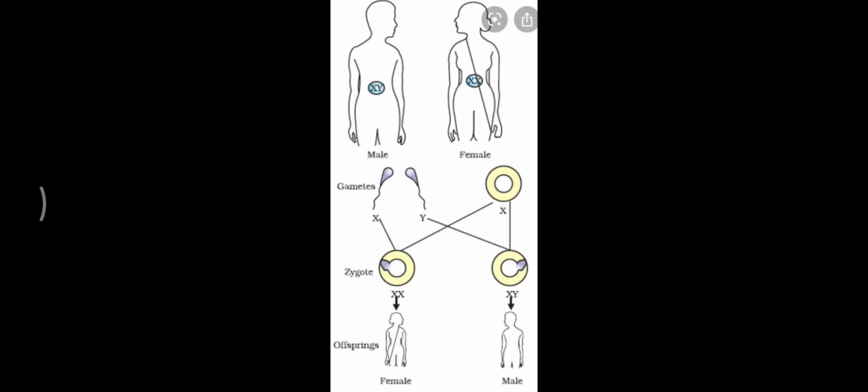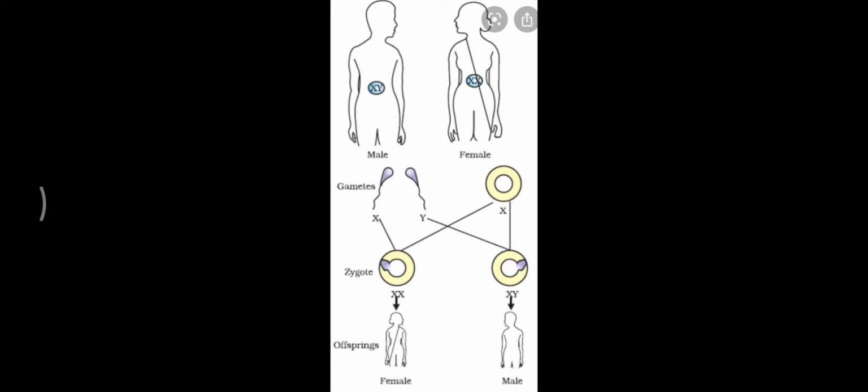Now, let us see the second sperm, which has the Y chromosome. When this sperm with the Y sex chromosome fuses with the ovum, which always has X, it gives a zygote with the combination XY, and this zygote is going to turn into a male individual. So, this is the complete mechanism of sex determination.